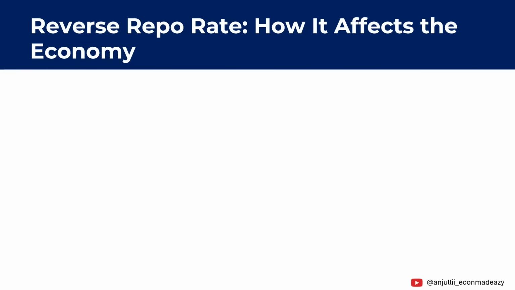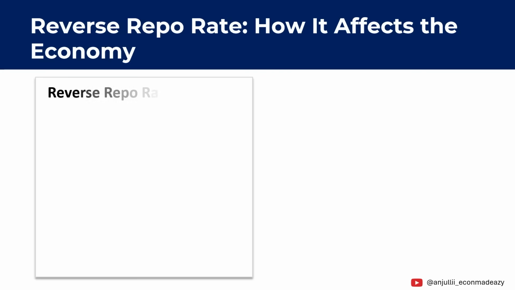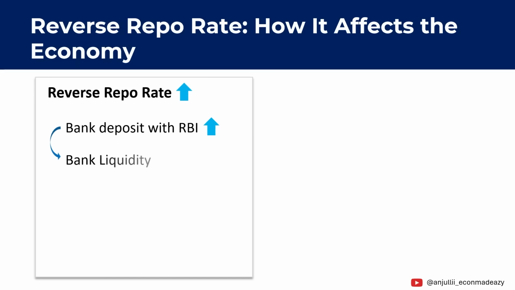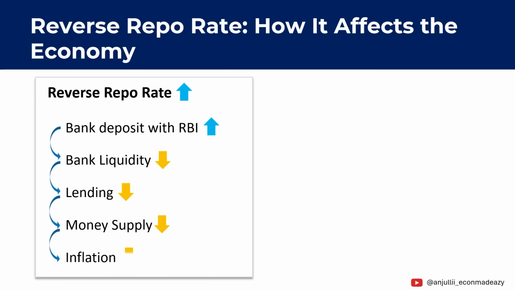Now, let's look at how the reverse repo rate affects the economy. When the reverse repo rate increases, banks prefer to deposit more money with the RBI because they earn a higher return. As a result, bank liquidity falls, banks lend less, the money supply in the economy decreases, and this helps control inflation.